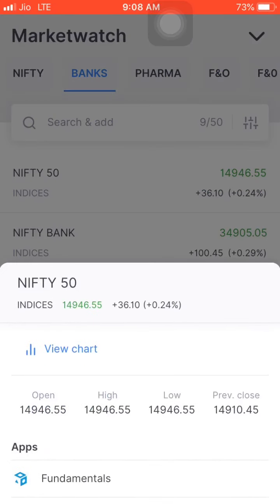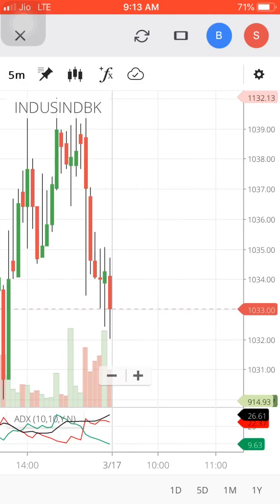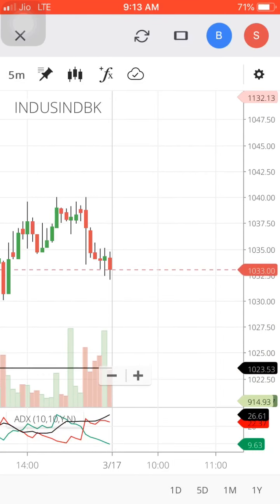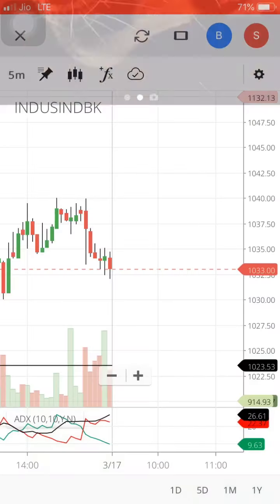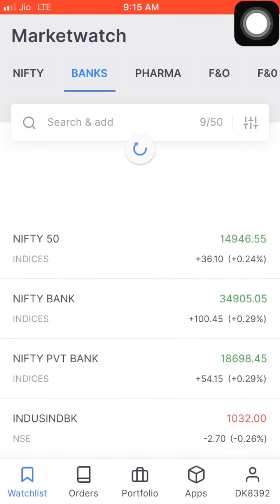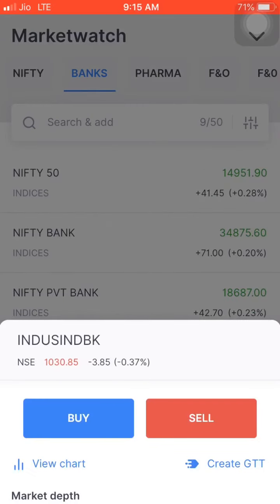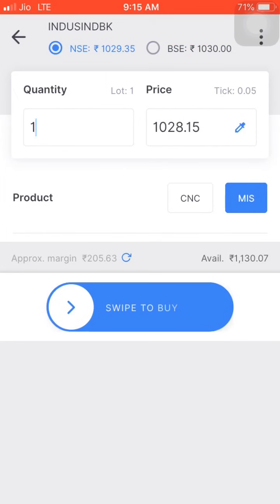Nifty is showing only a small positive. Let's see the chart here. Guys, the time is 9:14 now, and we are going for a quick trade. The market has opened and we are going for Industrial Bank.